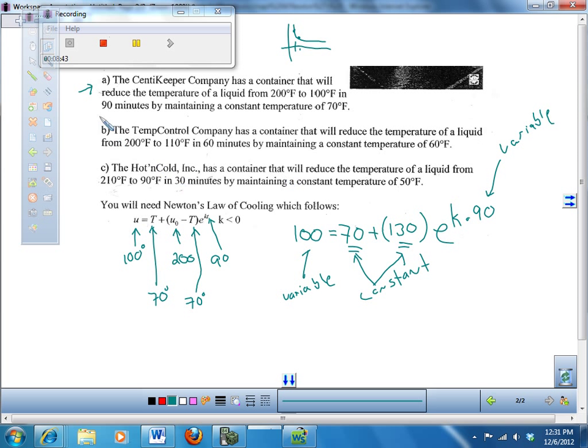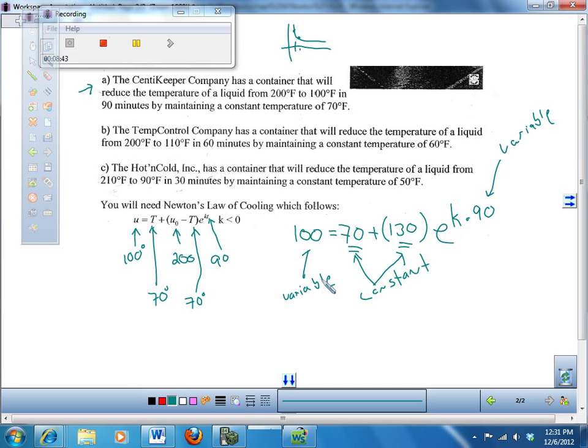Okay? So for letter A, I want you to do all of that algebraically, like taking logs of both sides and all that kind of stuff. But with questions B and C, you could do it graphically. You could just find the points of intersection on your graphs. But for A, I want you to subtract this from there, take the log of both sides and all that.